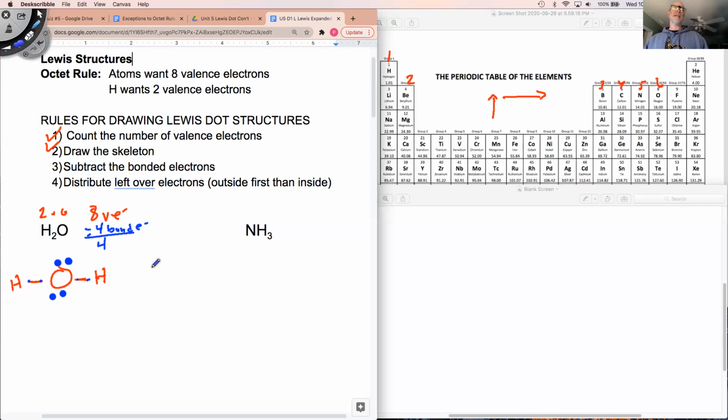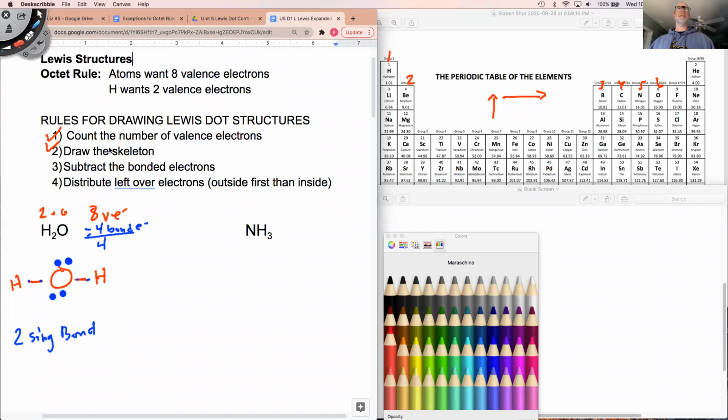Ladies and gentlemen, that's the Lewis structure for water. You have 2 bonds and then 2 pairs of electrons left over. That's it. So we have 2 single bonds, right? And then I have 2 lone pair of electrons, which we'll get to another day. All right, so here we go. Let's start the next part off.